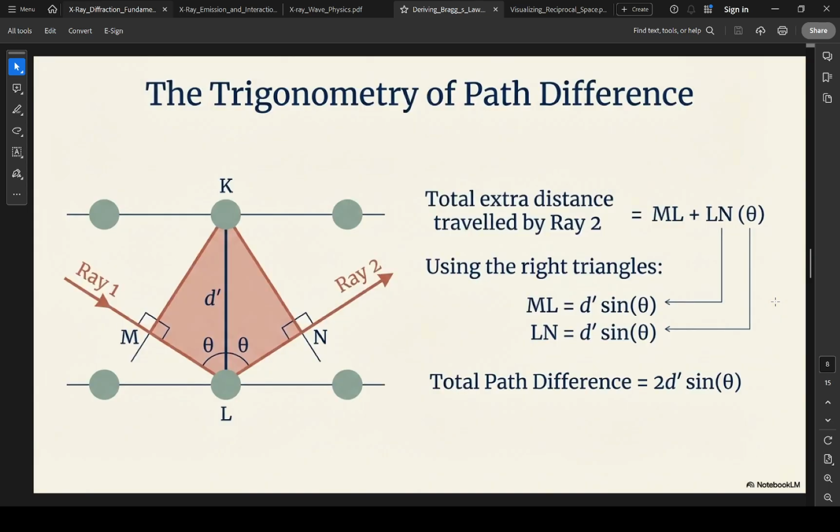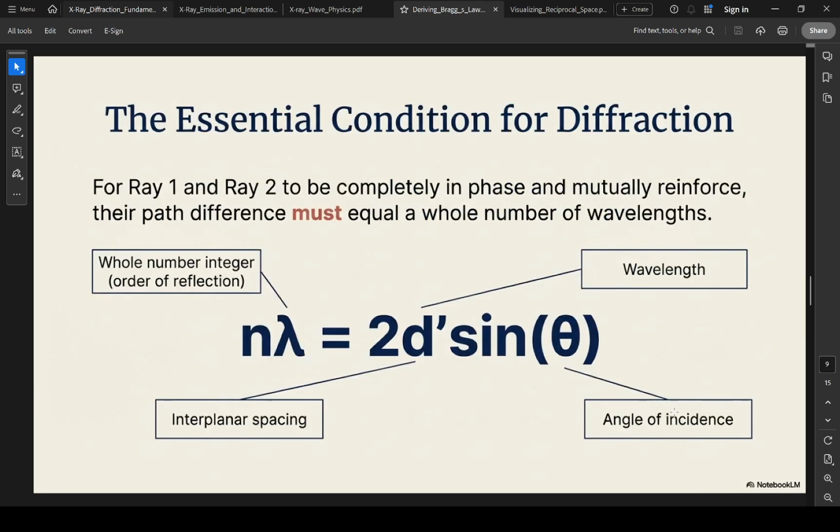So that extra path length is calculated using trigonometry, and the total extra path traveled comes out to be 2d dash sine theta. Now if we want constructive interference, we want the path difference to be equal to lambda or a multiple of lambda.